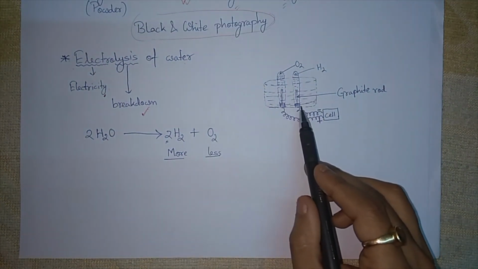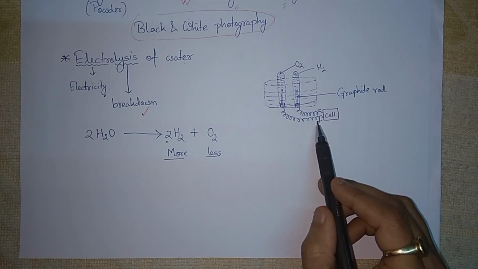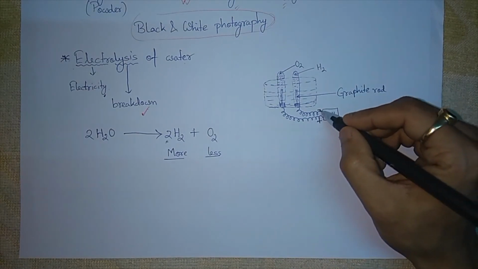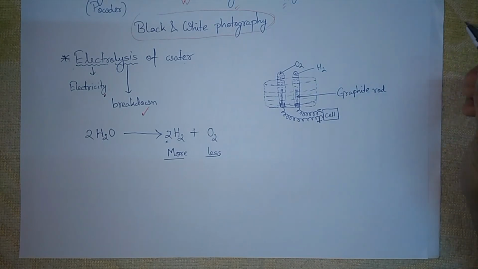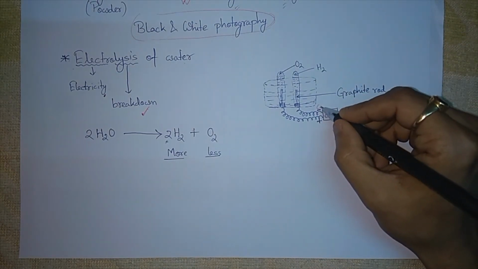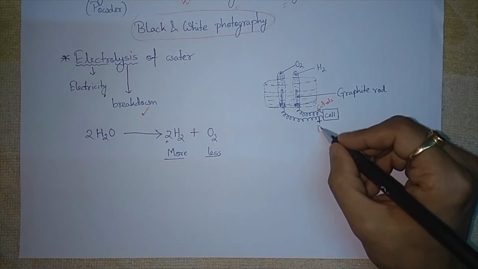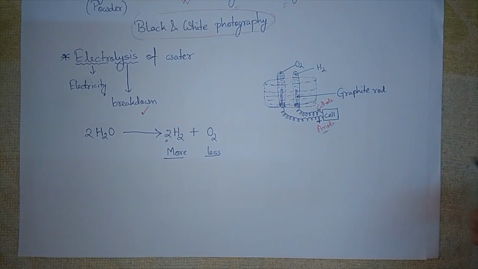We have water and we are supplying electricity with a cell. Cation is positive, so cathode is negative. Anion is negative, so anode is positive. In this way you can remember.